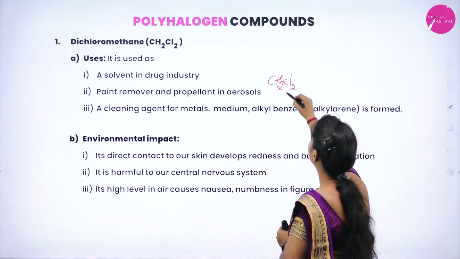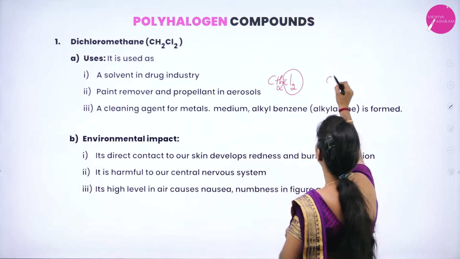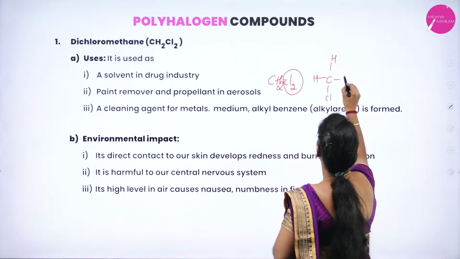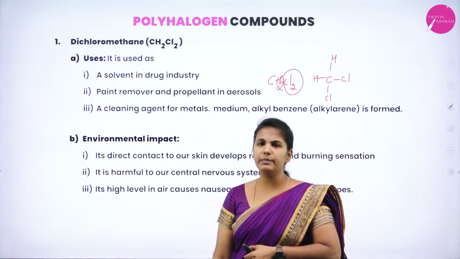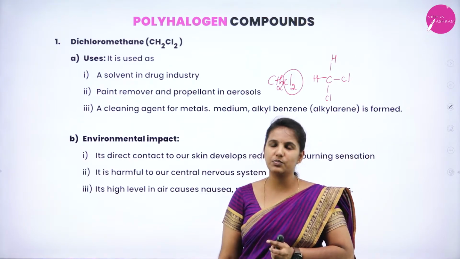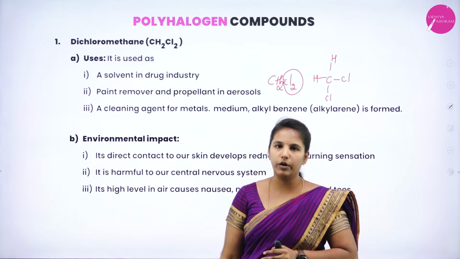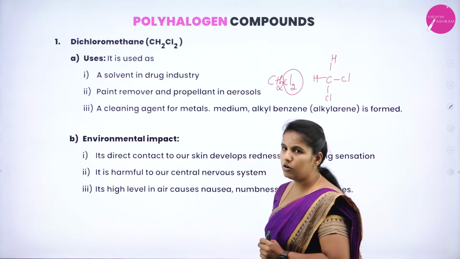You can see that two chlorine atoms are attached to the carbon, right? So the structure will be like this. So it is CH2Cl2, where the 4 valencies of carbon are substituted by 2 chlorine atoms and 2 hydrogen atoms, thereby it forms dichloromethane.